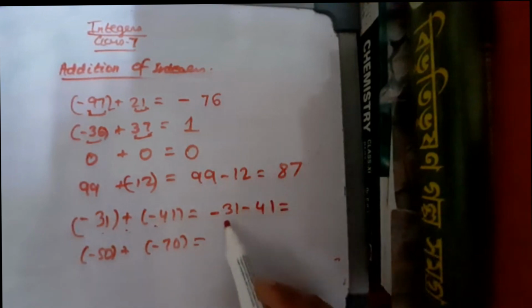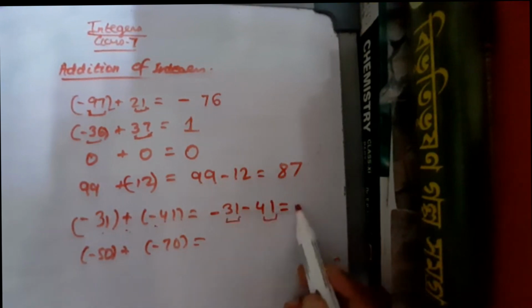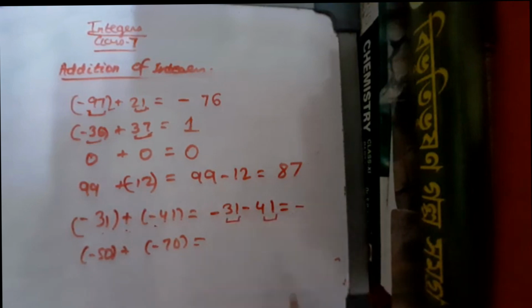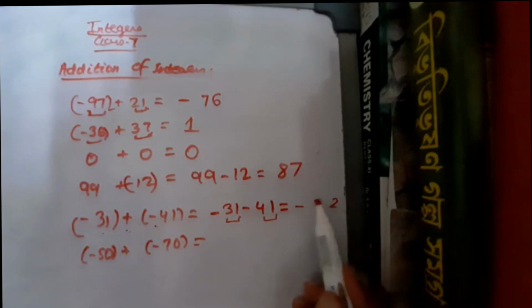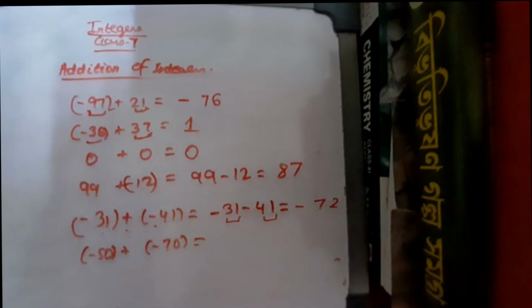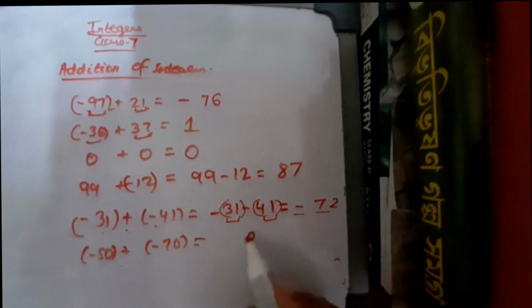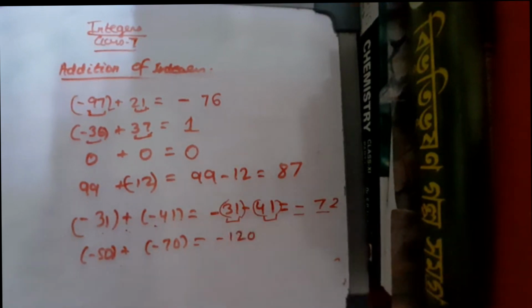Here you have to do addition of these and include the minus sign in front. So it is minus 72. Adding these yields 72, and I have to include the minus sign in front. Okay, and minus 50 and minus 70, if I tell you to add these, you have to write minus 120.